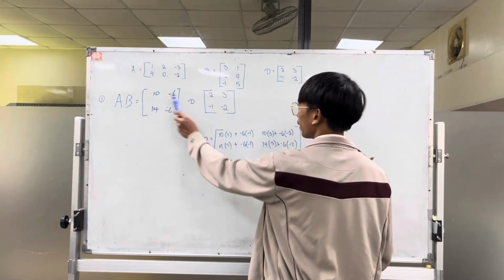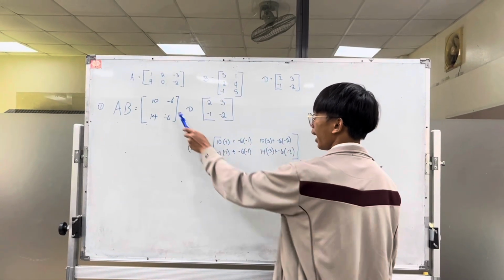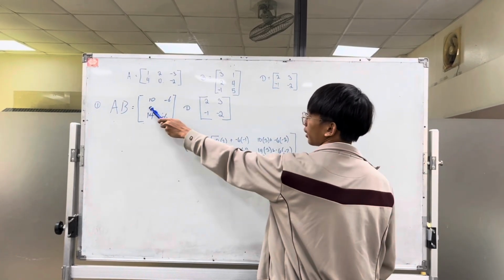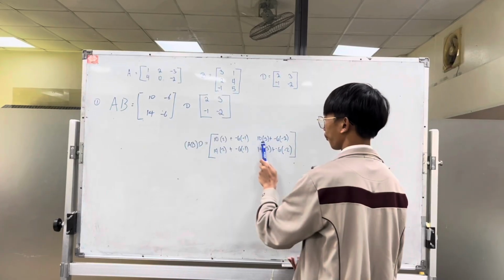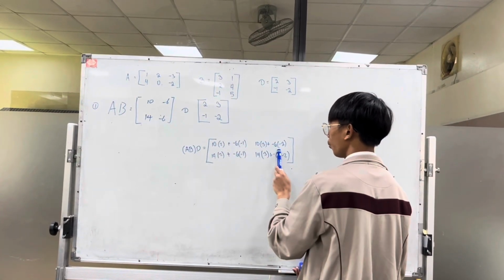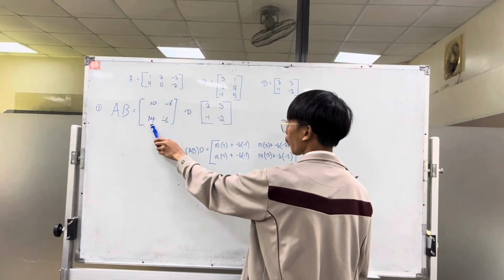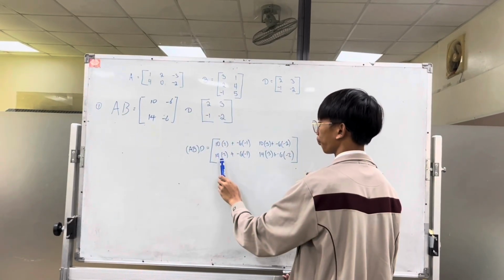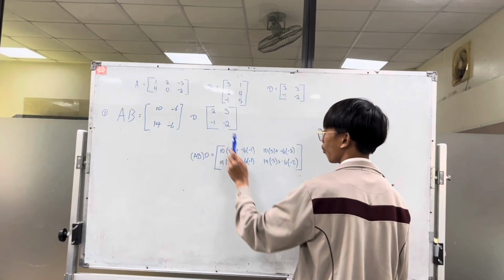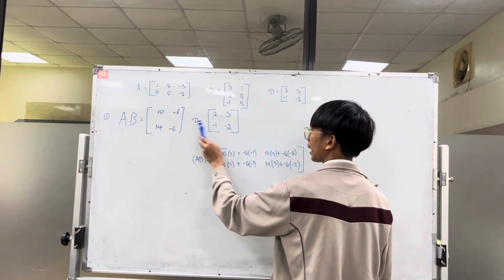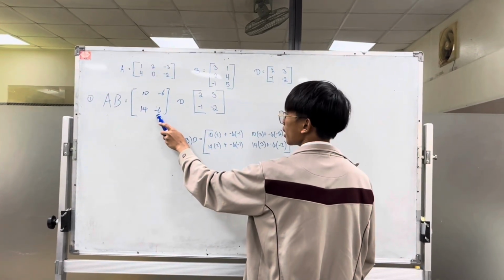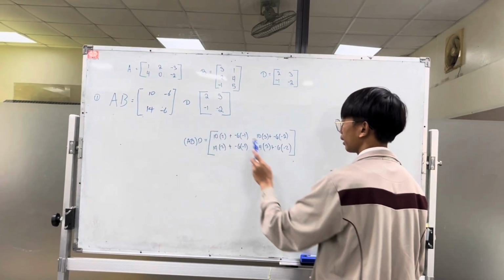That is 10 times 2, negative 6 times negative 1, 10 times 3, negative 6 times negative 2, 14 times 2, and negative 6 times negative 1, 14 times 3, and negative 6 times negative 2.